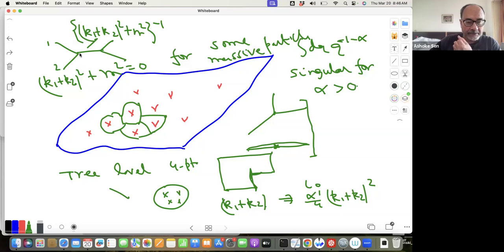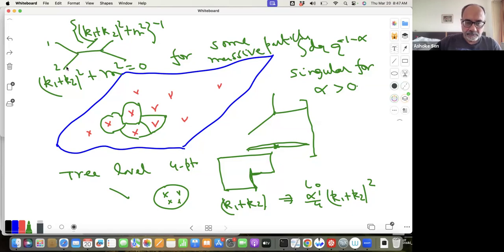But the point is that if this process is possible, then what one can show is that this pole, after you take into account the quantum corrections, develops an imaginary part, because it's an unstable particle. If it can be produced in the collision of two particles, the reverse process means that this particle can decay into two particles.